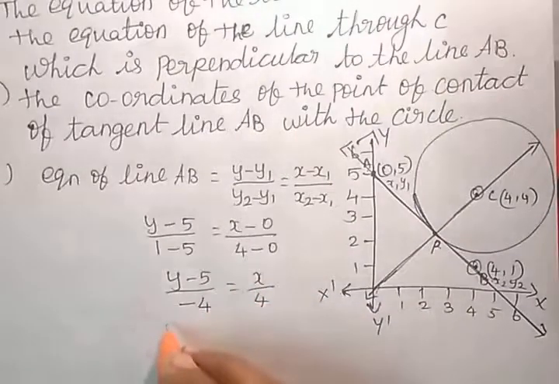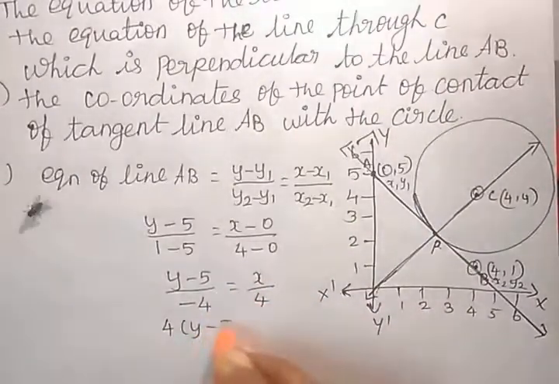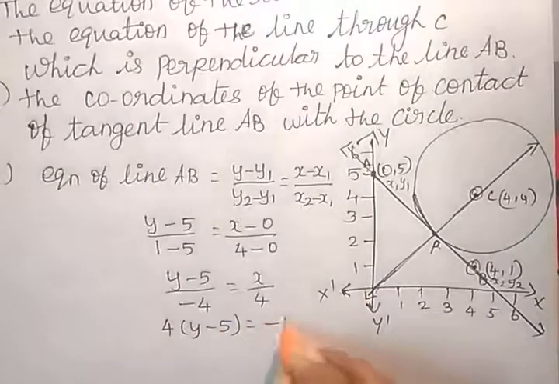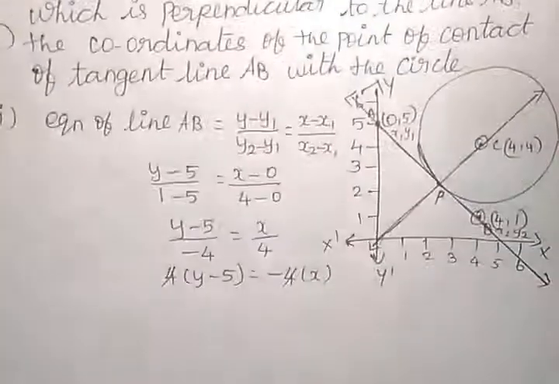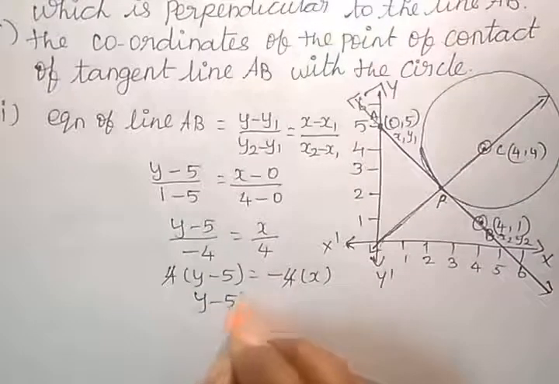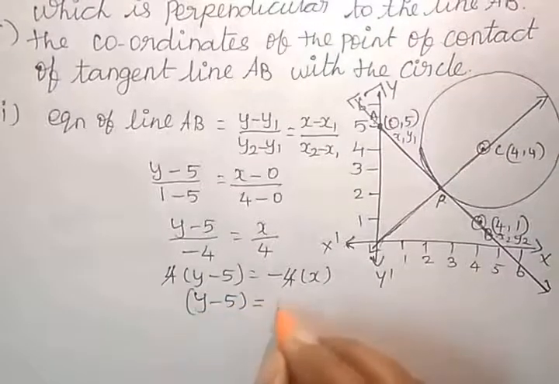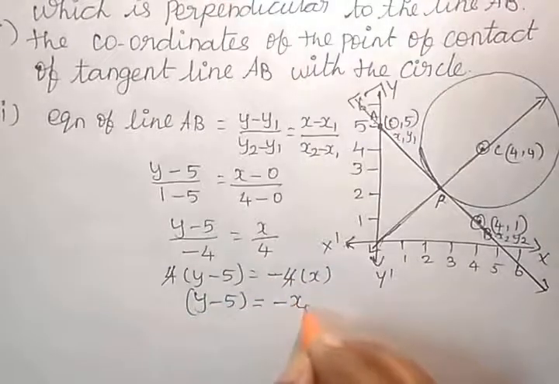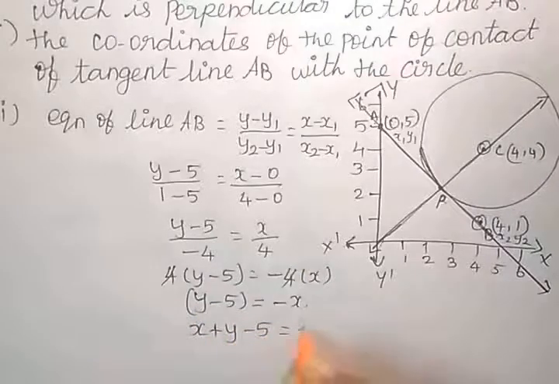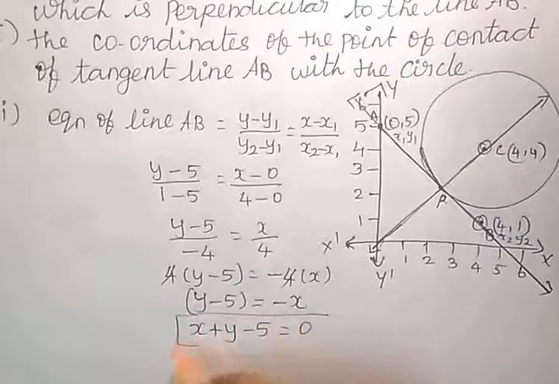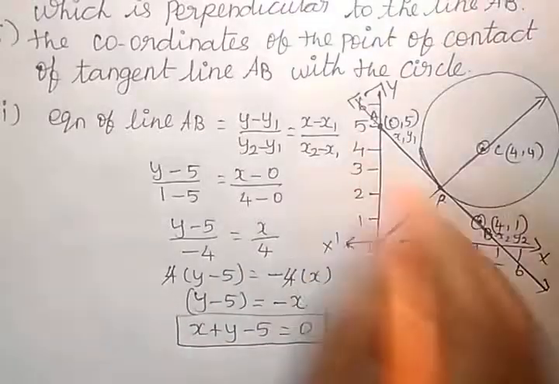Cross multiplication: 4 into (y minus 5) is equal to minus 4 into x. 4 and 4 cancel, so the remaining is y minus 5 is equal to minus x. Bring the minus x to the opposite side: x plus y minus 5 is equal to 0. So this is the equation of the line AB.